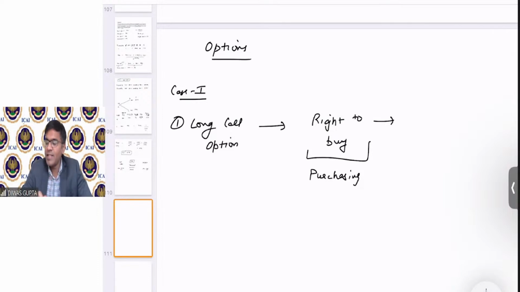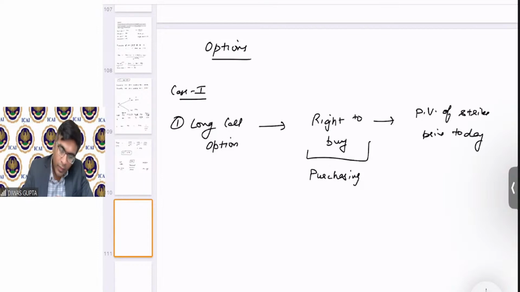In all the previous examples, I have made it clear that in case we are going to purchase the underlying under an option, we minimum need the strike price value equivalent amount. So what we will do, we will invest the present value of strike price today.